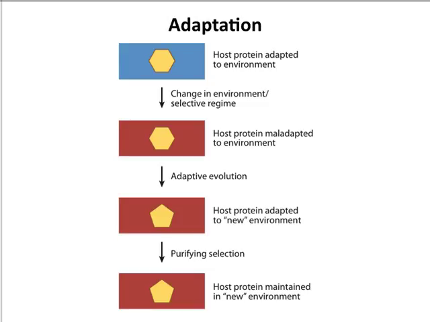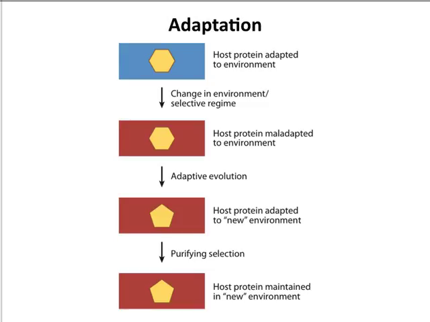But now we know that we can have in an organism a host protein which is very well adapted to its environment, to its function, but something can change. You can have a change in the environment or some other factor that now makes that protein maladapted to the environment.